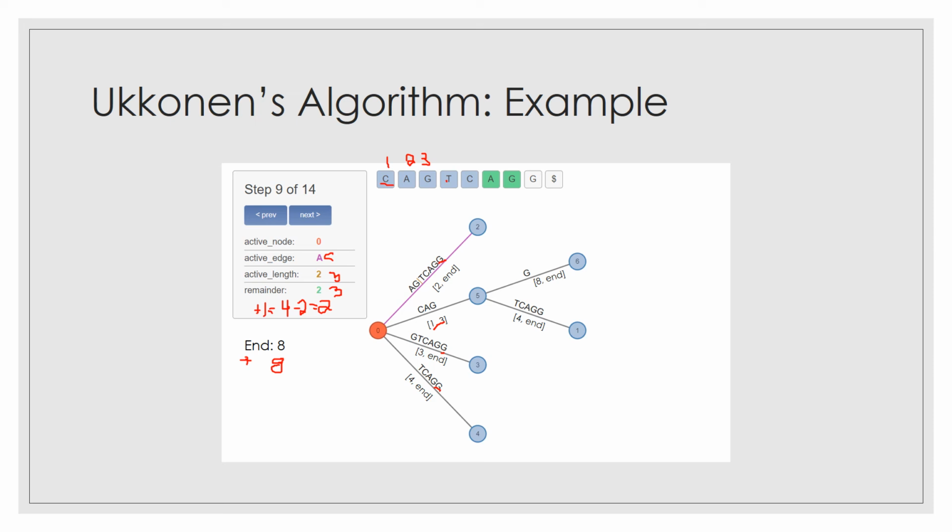That gives us 2. And now we're gonna go to the active. So at a split, we end up moving everything over. So now, in this split, the suffix link gets created to node 0, and we move to the next one, right? So now the edge goes up by 1.